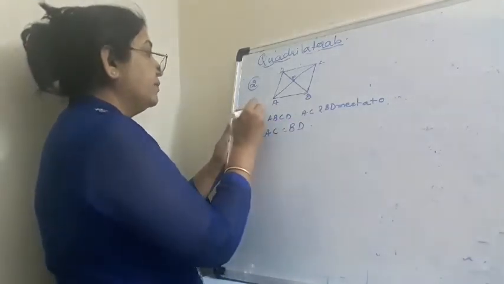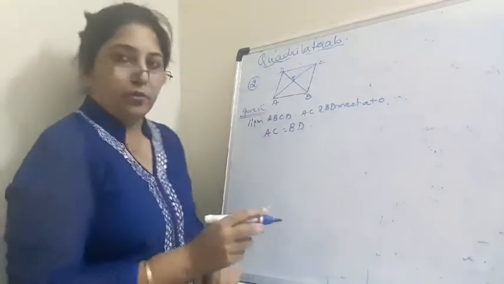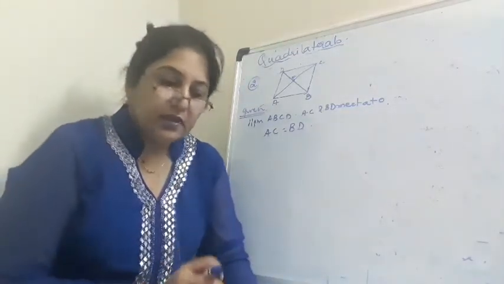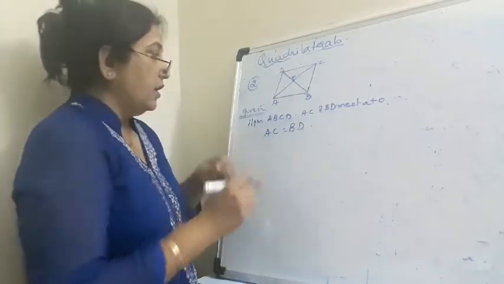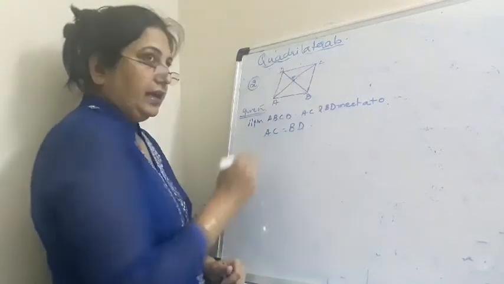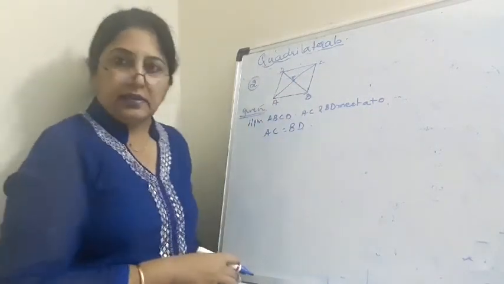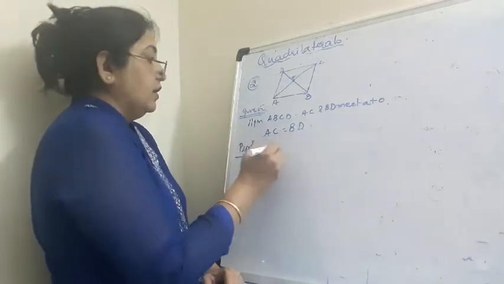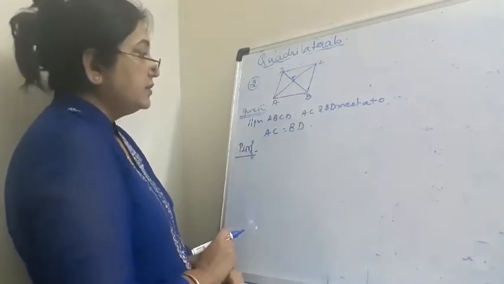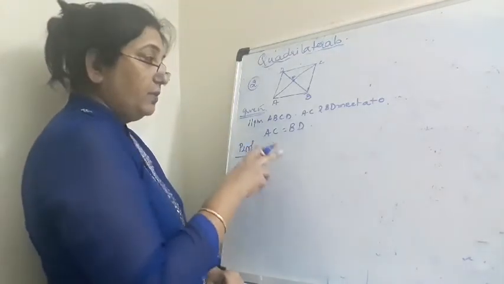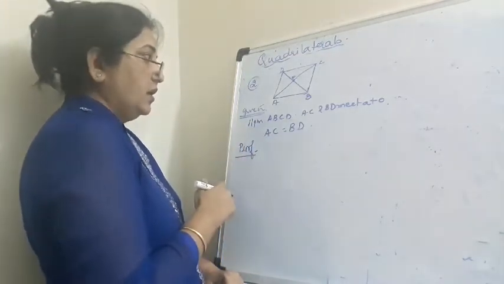This is given. Yes, as I told you before also, children, that when you are proving any sum, you have to first write what is given and then you can start with the proof. Now, if we prove that one of the angles is a right angle, then we can say that it is a rectangle. Okay, so let us start with the proof. Now, we have to consider two triangles in such a way that we can prove them to be congruent.